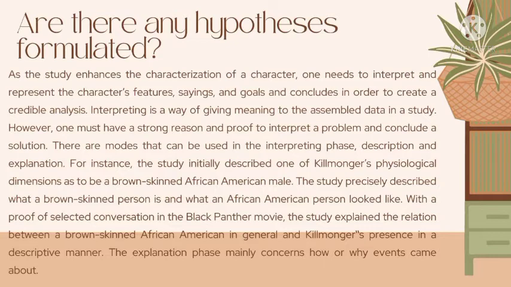The study explained the relation between a brown-skinned African American in general and Killmonger's presence in a descriptive manner, and the explanation thus mainly concerns how or why events come about.